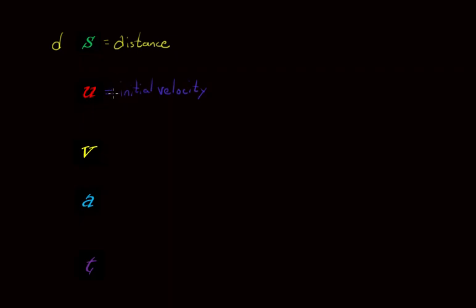We'll talk about that. But it's the velocity it was going when you started measuring it. This is something that other physics courses label V sub I for initial velocity.